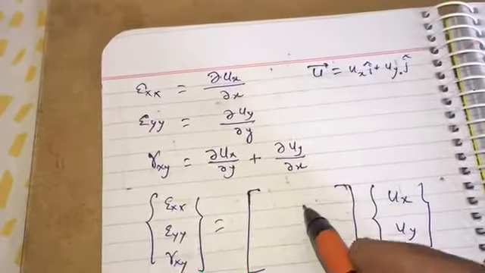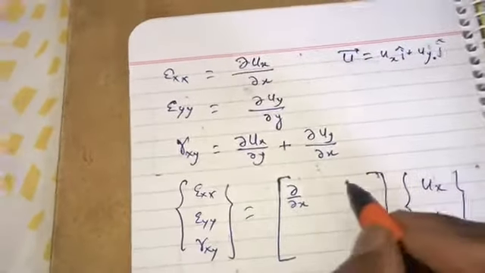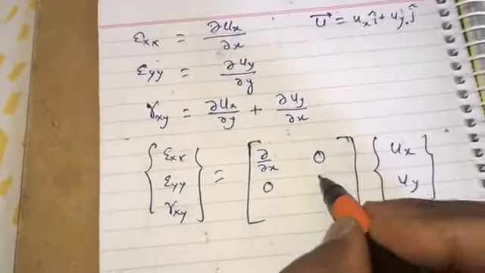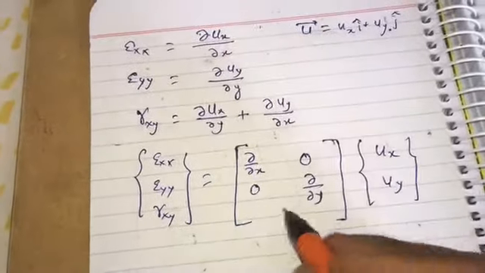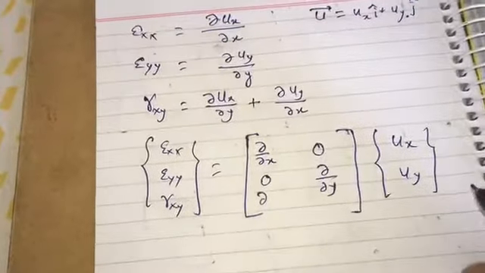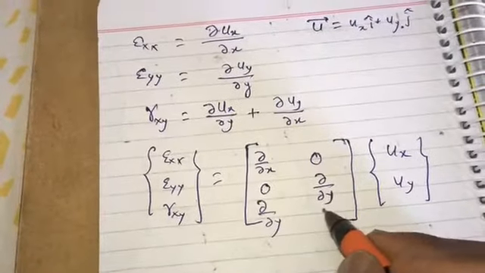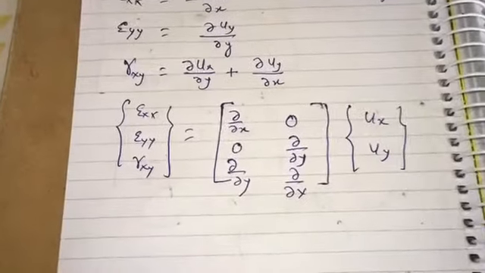So let us see. First this will have del over del x and there will be 0 here, then there will be 0 and del over del y, and then we will have del over del y and del over del x, like this one.